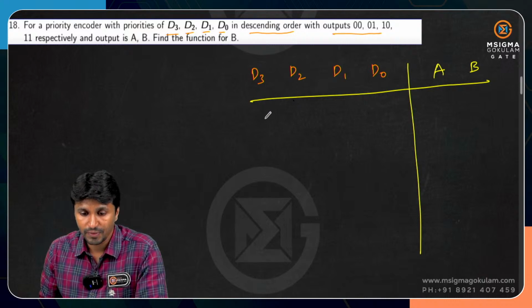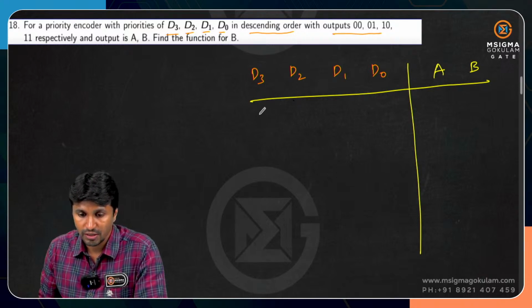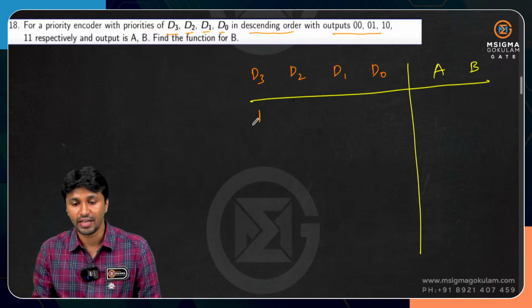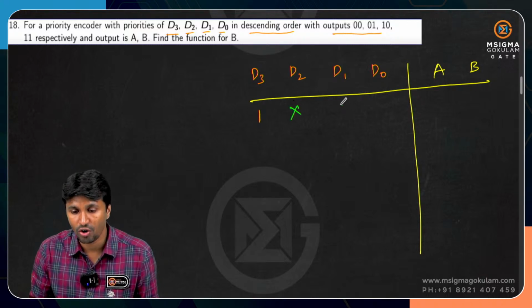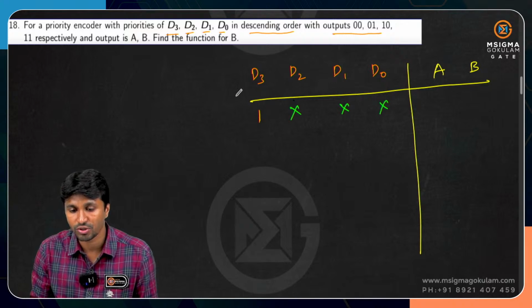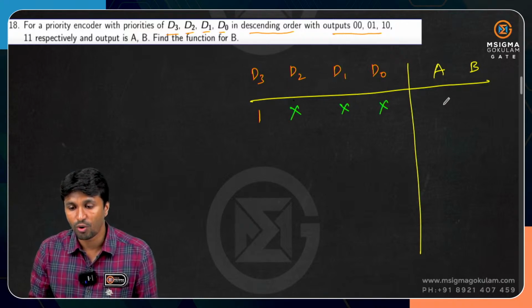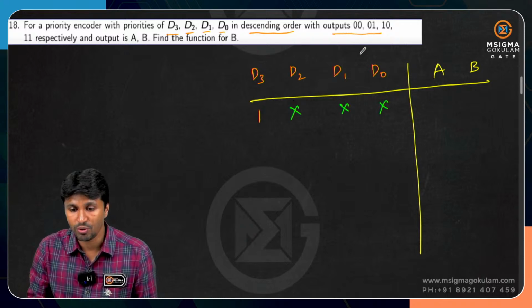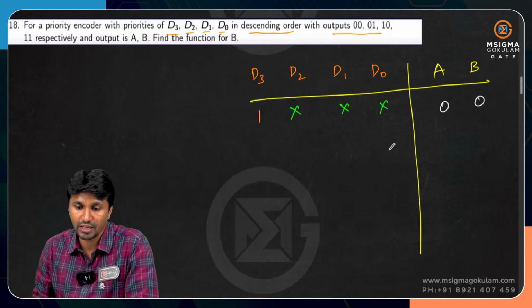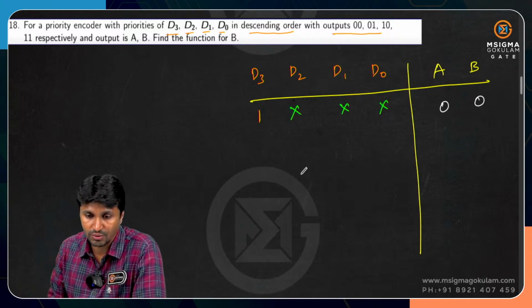When D3 input is high, irrespective of the other inputs, what will be the output? Output will be with the corresponding outputs 0 and 0, right.